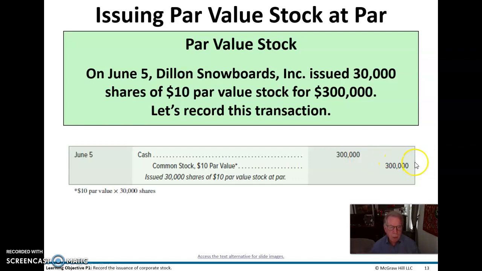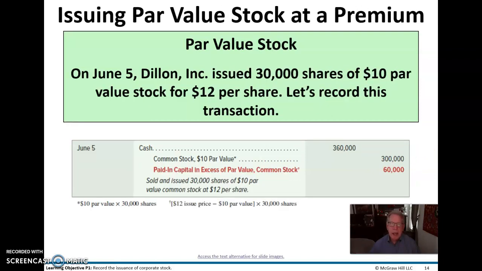Very easy. Now, if we issue it at a premium, which we almost always do because par value is usually very small, Dillon has issued 30,000 shares of that $10 par value, but they got $12 per share. So how do we record that?